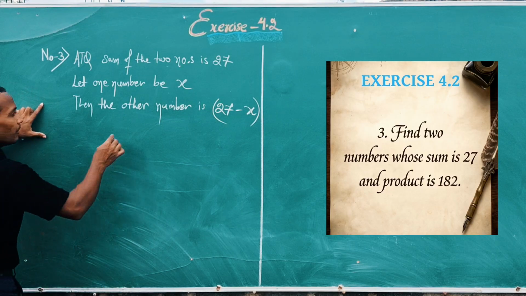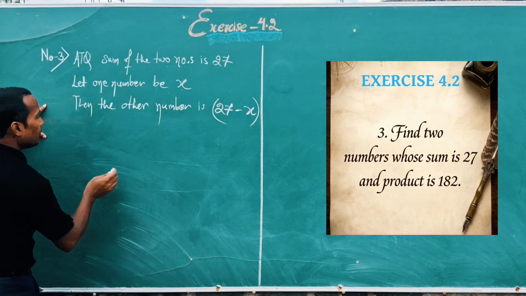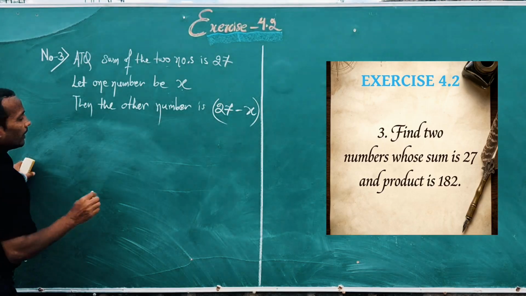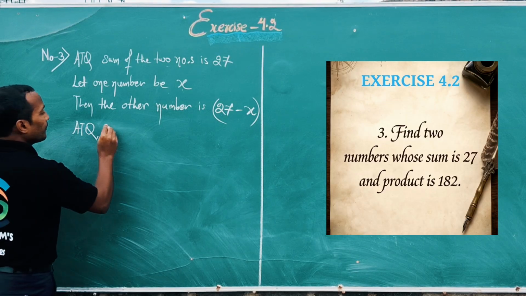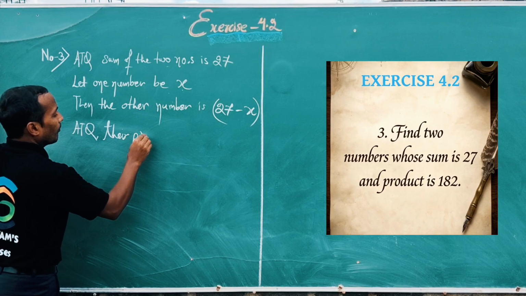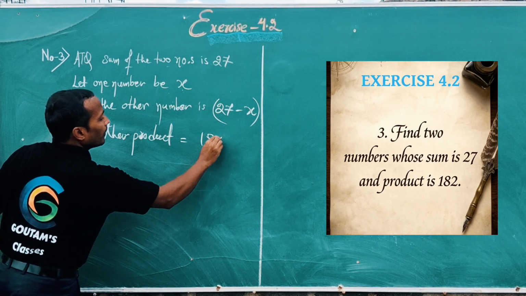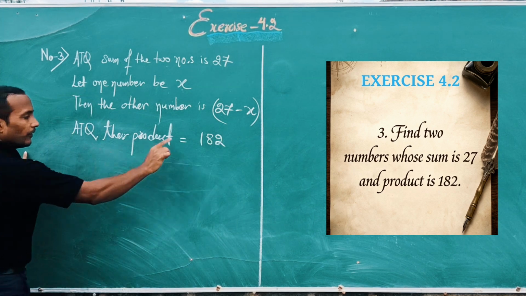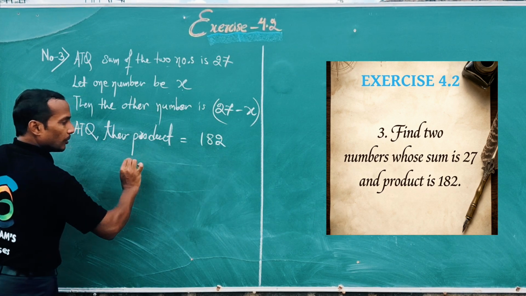So it means x into 27 minus x is equal to 182. We can write that. According to question, let me write the statement. Their product is 182. This is your equation. This plays as LHS and this plays as RHS of the equation.